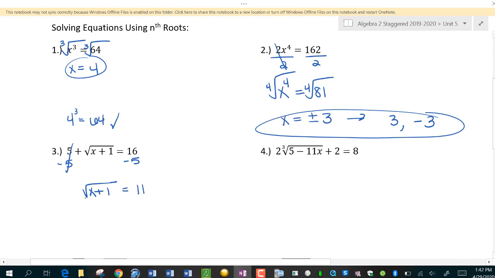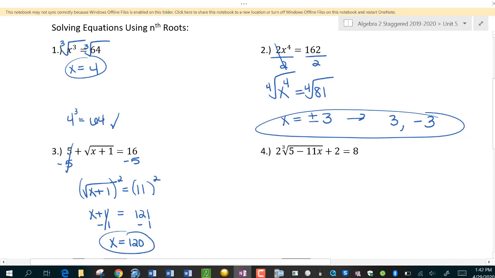And then the opposite of square rooting something would be to square it. So I square both sides. The square root and the square cancel each other out. So I'm left with x plus 1 equals 11 squared, which is 121. Then I subtract 1 from both sides. So we get x equals 120.